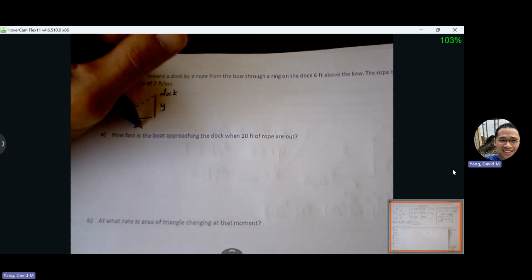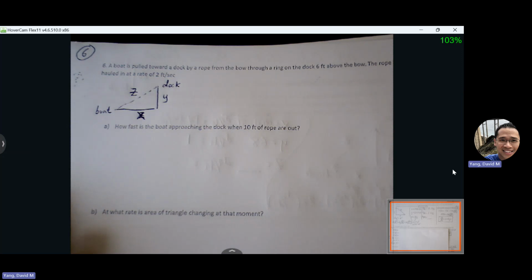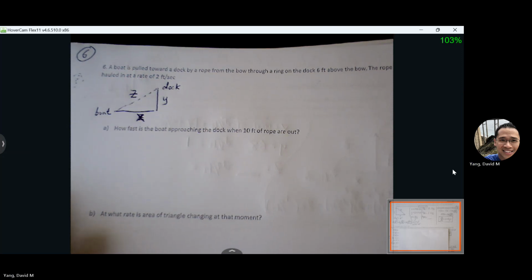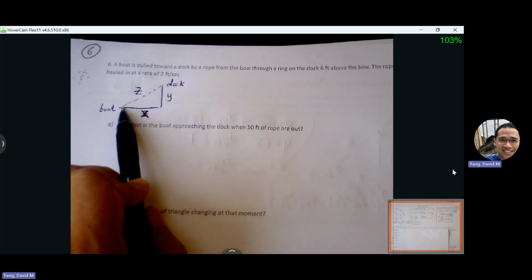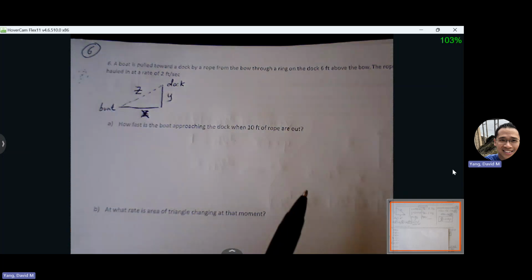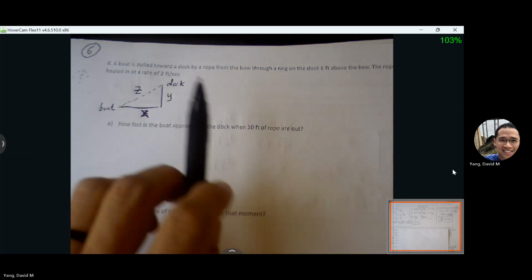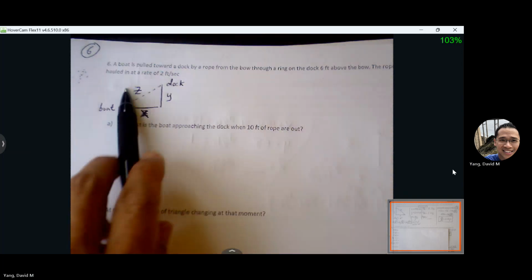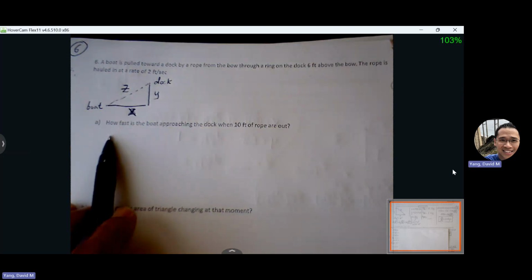Right, next. So there's our Pythagorean theorem problem. Z is the rope. The rope tied to the boat is pulling that boat closer towards the dock. The rope is hauled in at a rate of 2 feet per second.